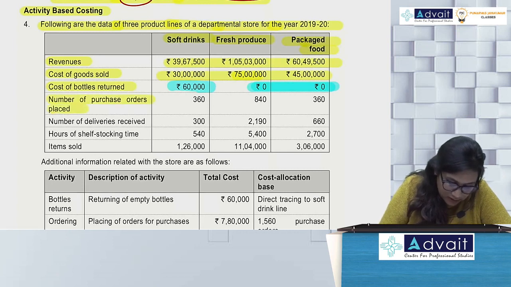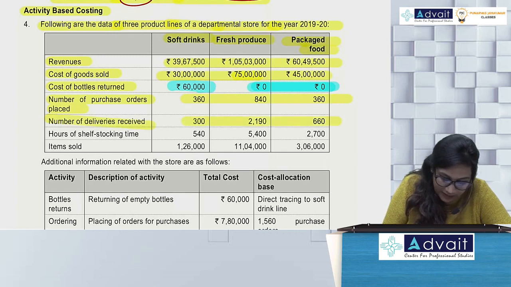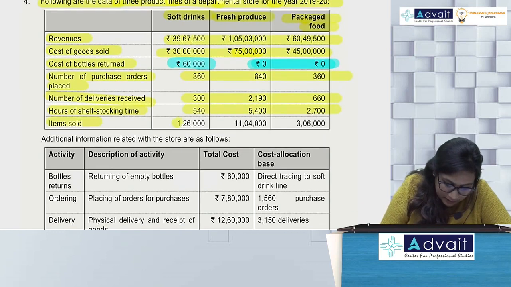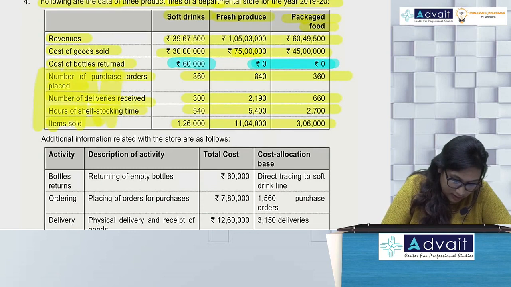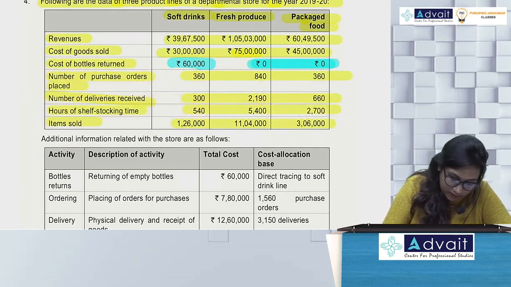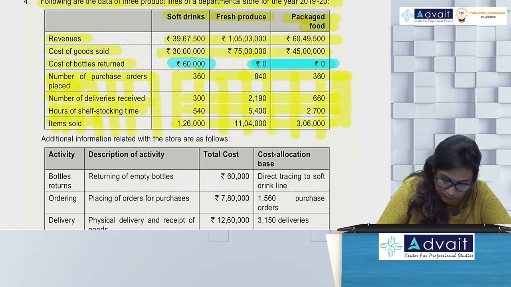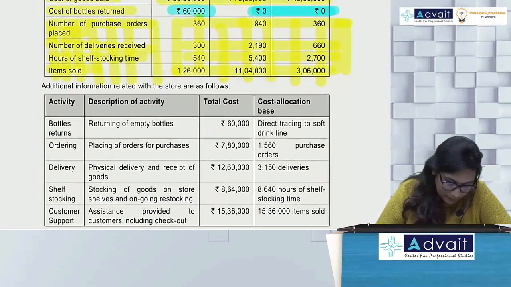Number of purchase orders placed, number of deliveries received, hours of shelf stocking time, and items sold. So these things that I'm coloring here have been given for calculating my activity driver rates, correct?